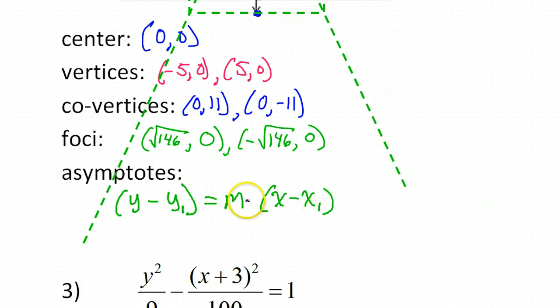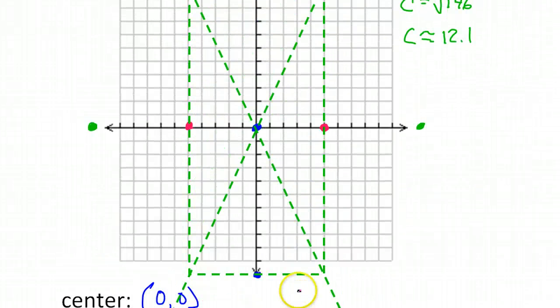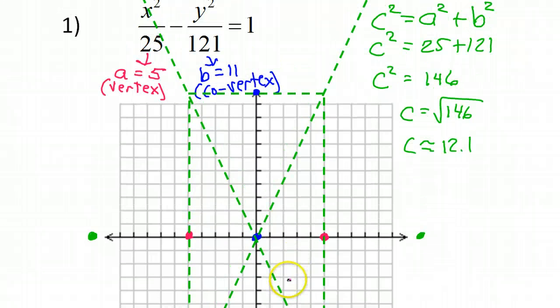Now x1 and y1 can be any point on the asymptote. I recommend always using the center, because that's going to be a point that's on both asymptotes, and we can double down.